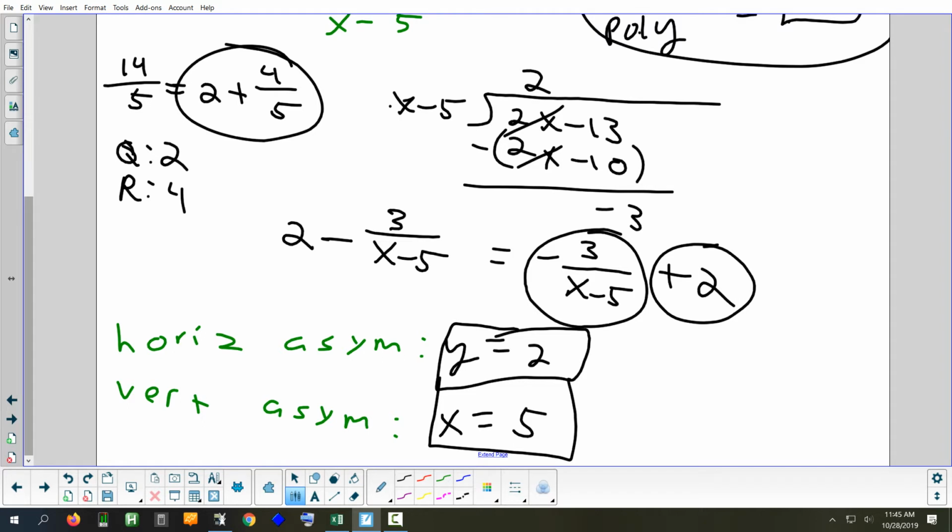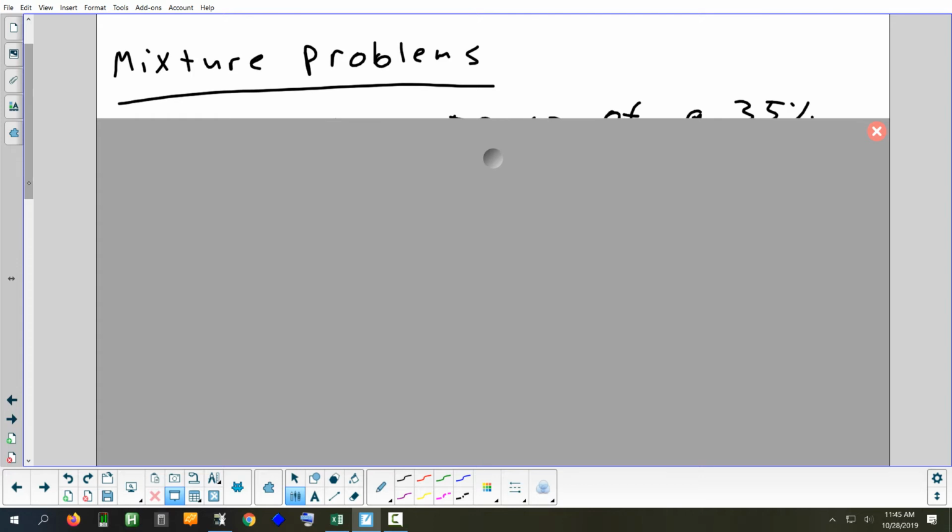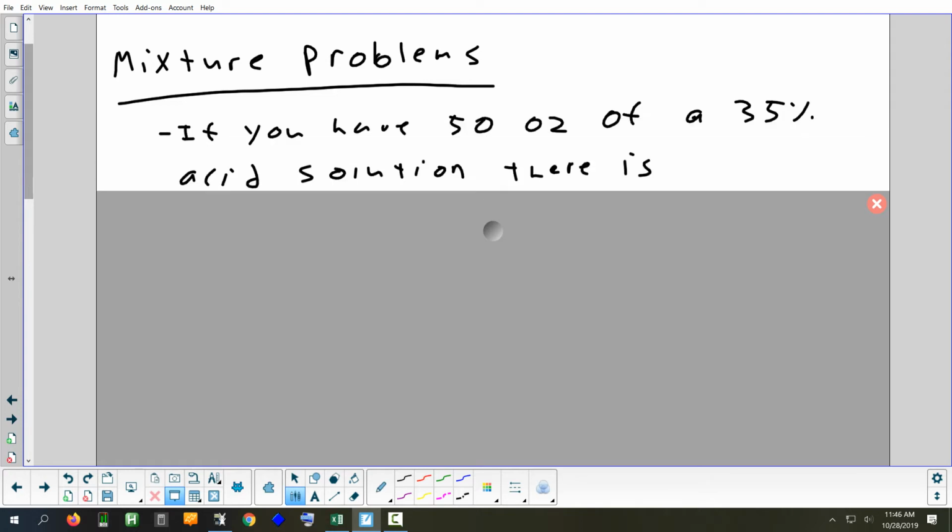Okay, so let's look at, I think this is the last problem. It's going to be a mixture type problem. Now, just to get you thinking along the lines of what you have to do, you have to be able to figure out the answer to this to do problems like this.